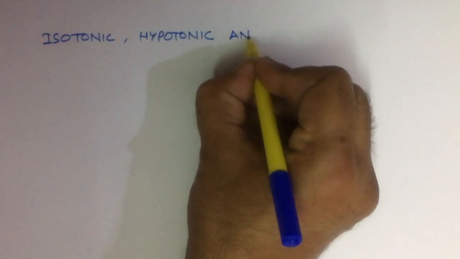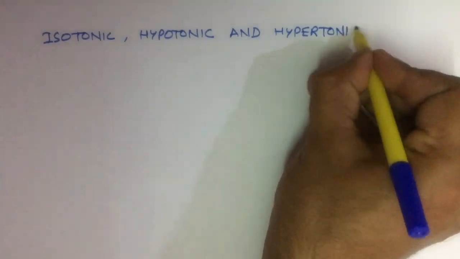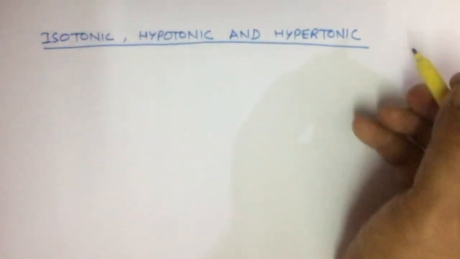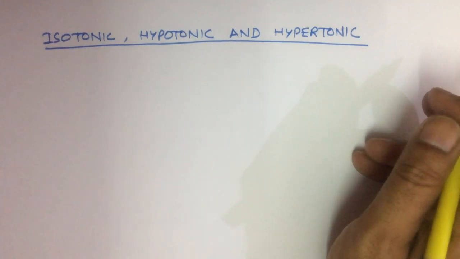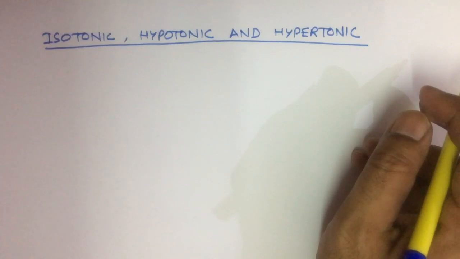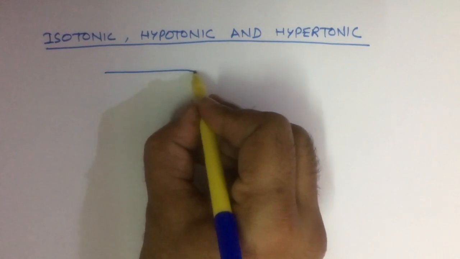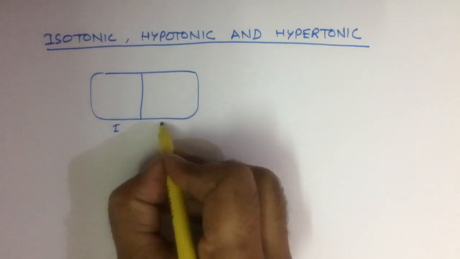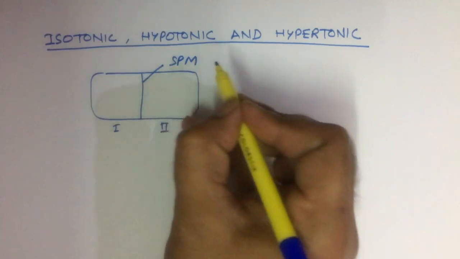Isotonic, hypotonic and hypertonic solutions. Now we know that the different solutions have different vapor pressure. Consequently, their osmotic pressure must also be different. When two such solutions are separated by semi-permeable membrane, suppose we have two solutions, this is solution 1, this is solution 2, and they are separated by semi-permeable membrane.